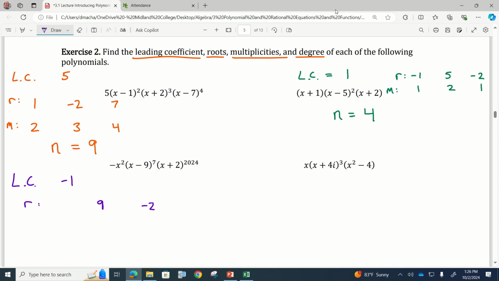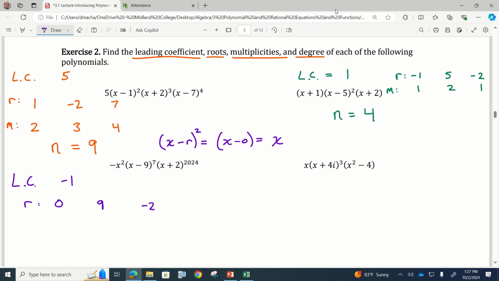You say 0? Yeah. 0 is a root because the factor should look like x minus the root, which would be x minus 0. But if I'm doing x minus 0, I'm not obligated to write minus 0. I could just write x.